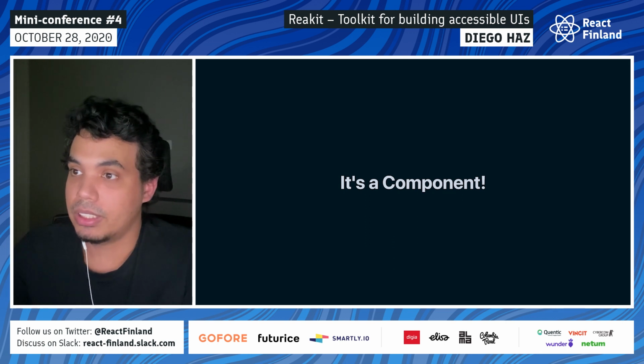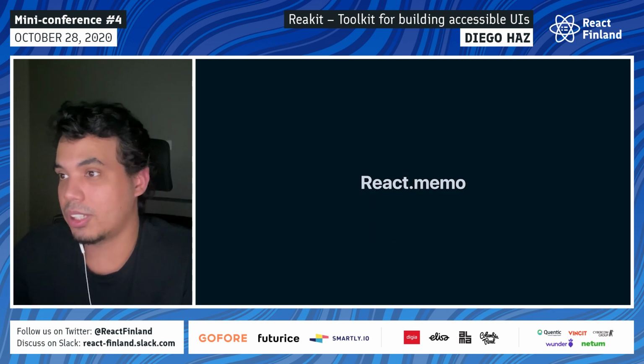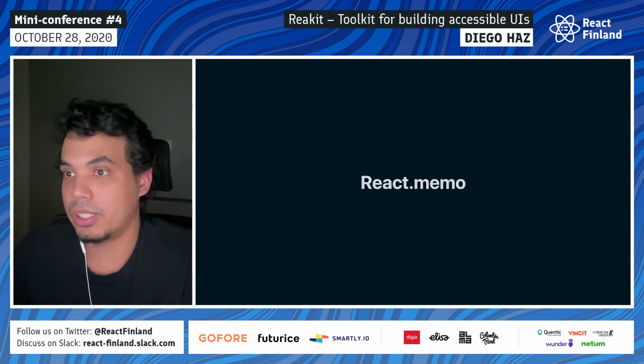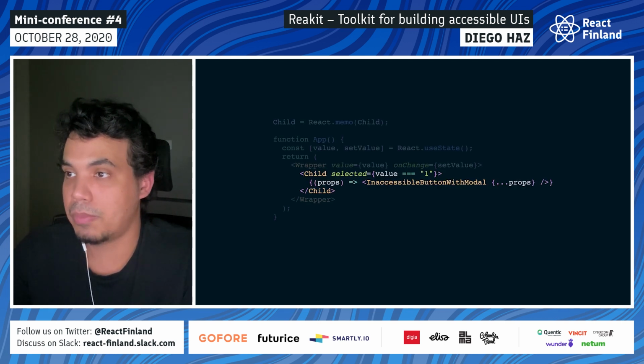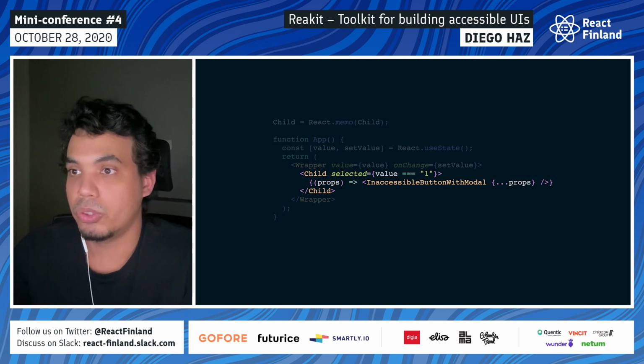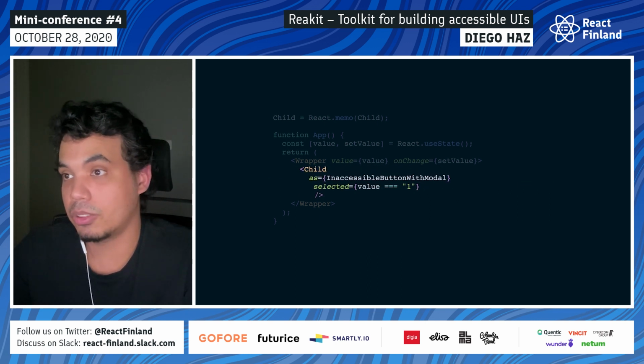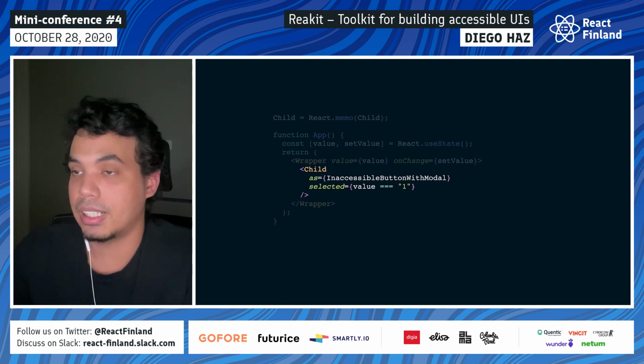Another advantage is that this approach solves our problem with React Memo and render props. So taking our render props example, instead of passing children as a function, we'll just pass a prop that is constant, since our accessible button with modal component is a function that is declared outside of the scope of this component.